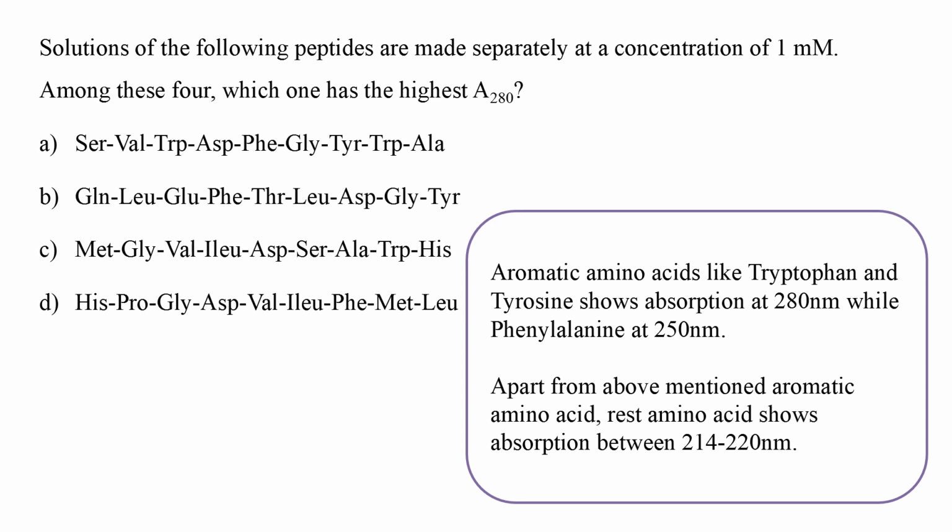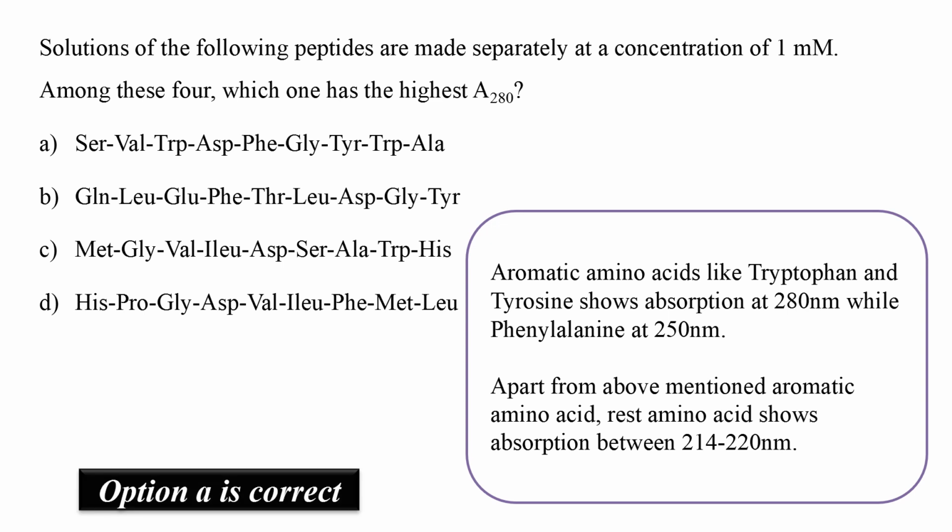Apart from these, the rest of the amino acids can also show absorption between 214 and 220 nanometer. Now, to find which one of the following has the highest absorption, just count the number of aromatic amino acids present in each, and you will find that it is option A that has the maximum number of aromatic amino acids. So it will have the highest absorption, that is A280 value. So option A is correct.